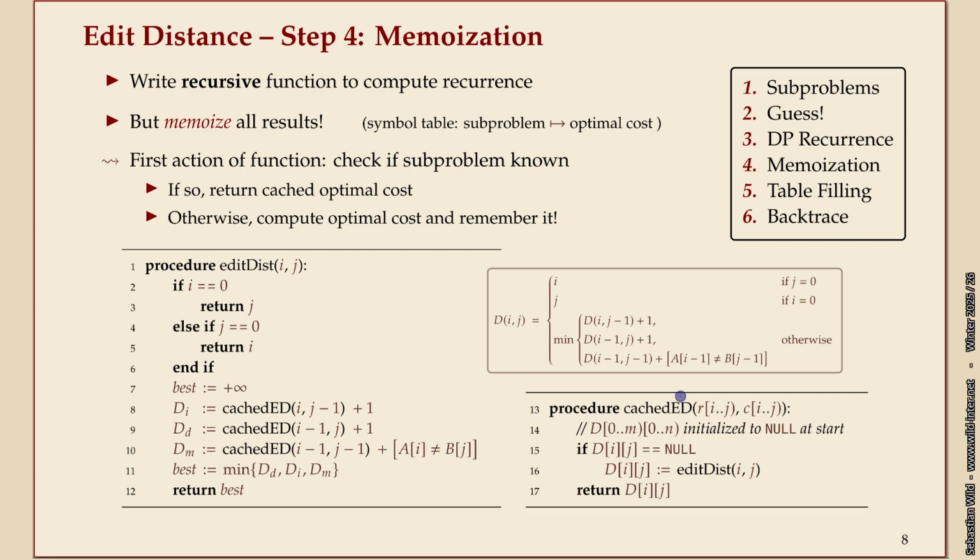And then the memoization part is to have a second function. That's the cached version of this computation. At some point, you have to initialize this array of storing all the subproblem values. I'm doing this outside of this function and just assume this is already given. I somehow have a global variable storing this. And then in each step, I'm just going to check if my entry for this subproblem has already been computed.